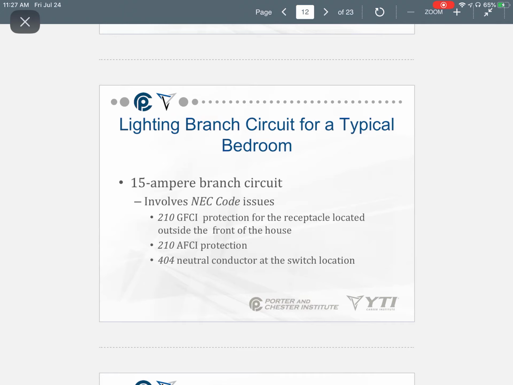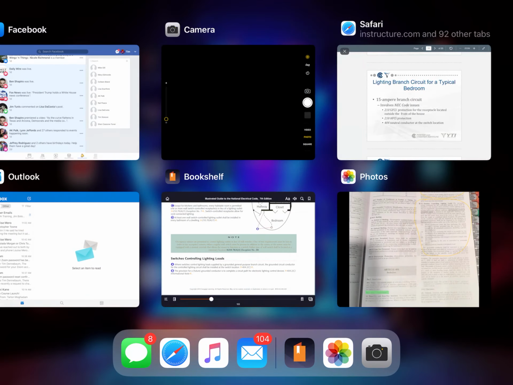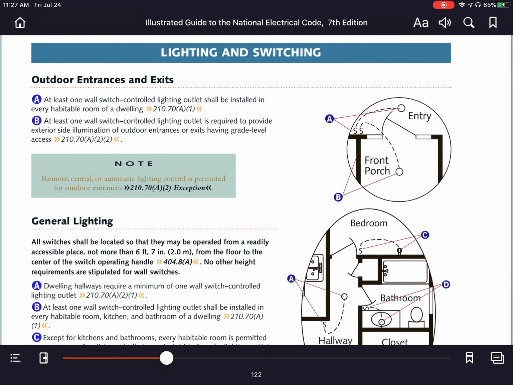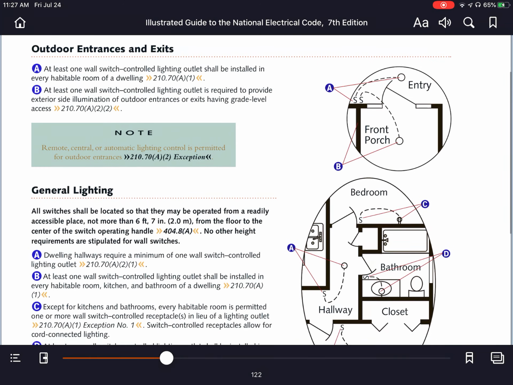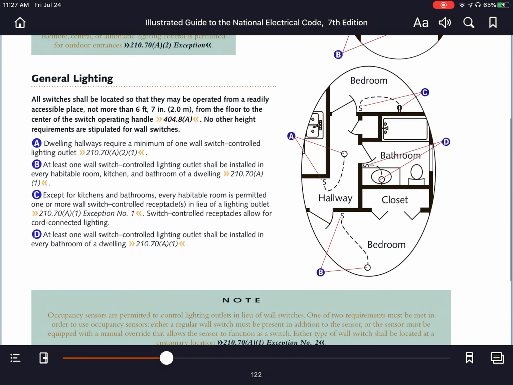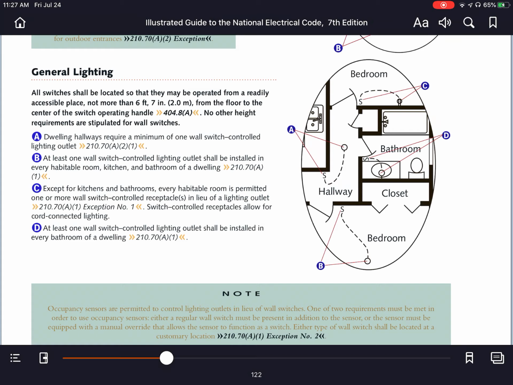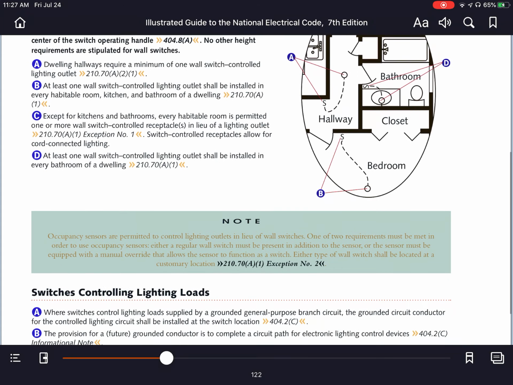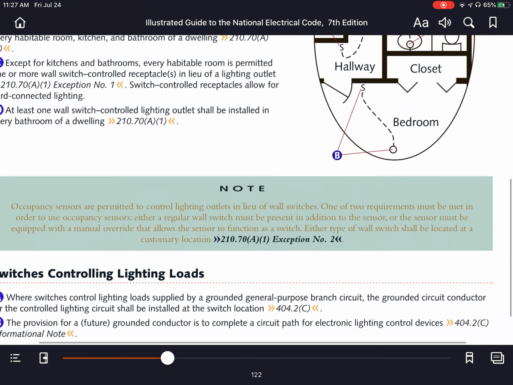404 talks about neutrals at a switch location. So I just want to really quick jump over here into the National Electric Code. And there's even a note here that talks about why we have to have neutrals at switch locations.